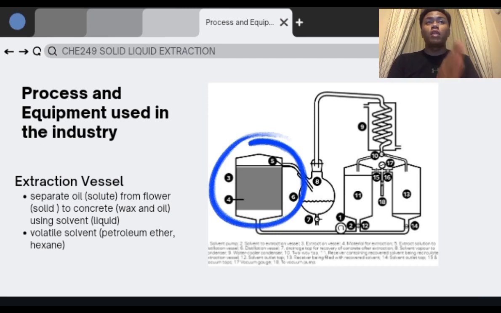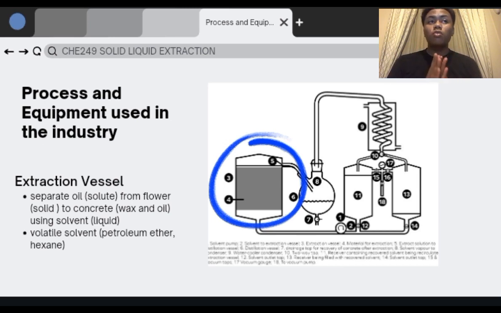Okay, so the equipment used in the industry for solid liquid extraction is the extraction vessel. In there will be a process of separating oil from the plant material. The oil will act as our solute, and the plant material, our flower, will act as the solid, and the oil is separated into the concrete, which is wax and oil, by using a solvent as the liquid phase.